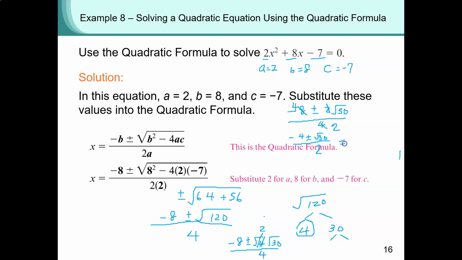Or you can rewrite this solution by dividing by 2: you will get negative 2 plus or minus root 30 over 2. Either solution is right, but I will go with this one.